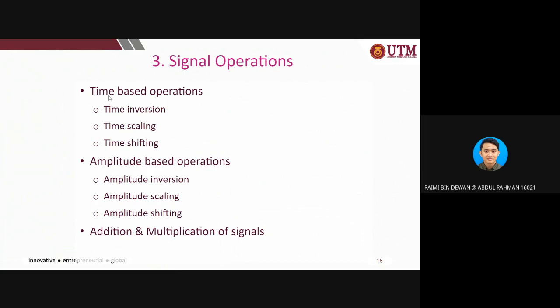A time-based operation happens on our time axis, which is our horizontal axis. It can be time inversion, time scaling, or time shifting. You can have either one, two, or all three of them, and it happens at the horizontal axis of our signal.